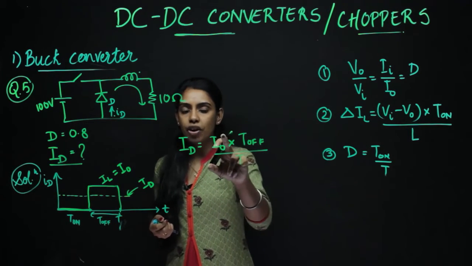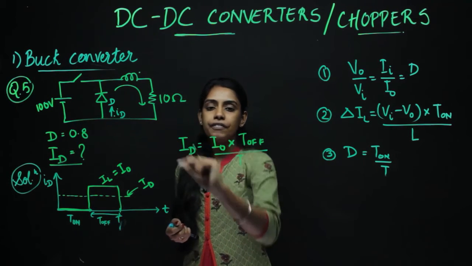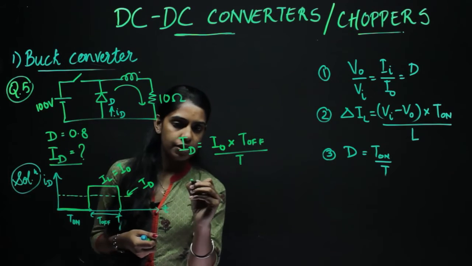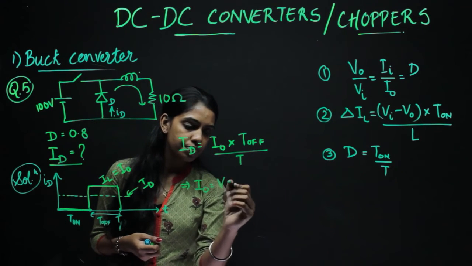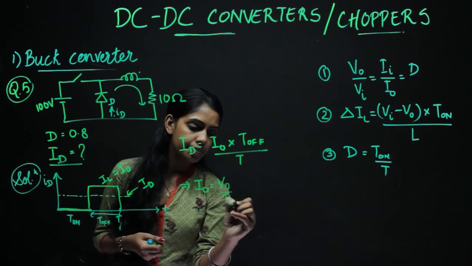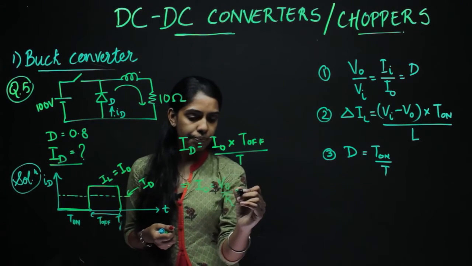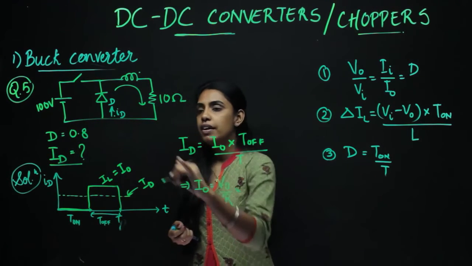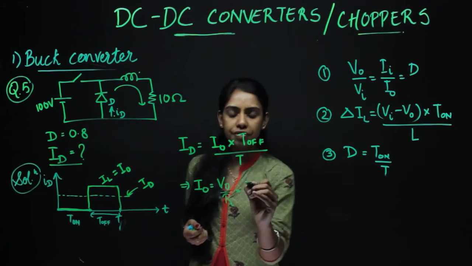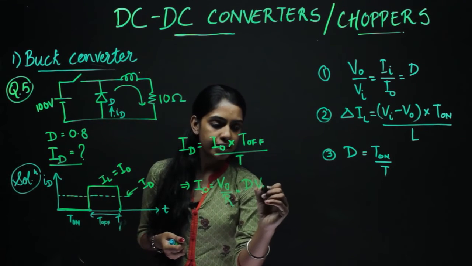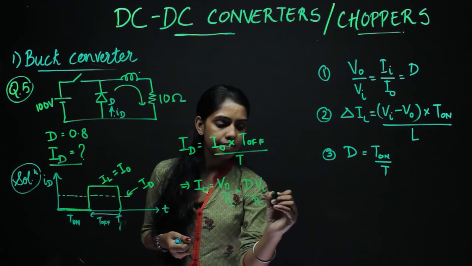So I naught we can find by V naught by R, where R is the load. So what is V naught? V naught is not given to us, but we know V naught is equal to D into Vi. So we can write here D into Vi by R.